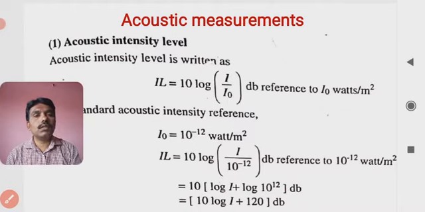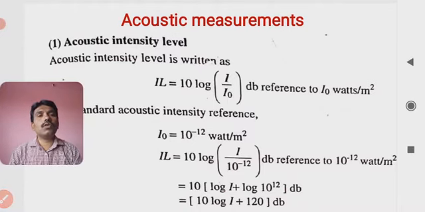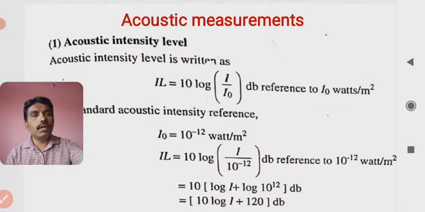This is how the IL, or acoustic intensity level, is calculated.